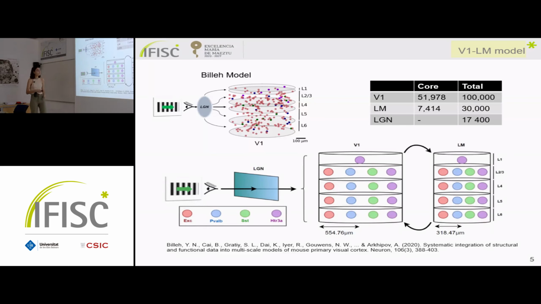The units that compose the lateral geniculate nucleus in our model are not neuron models. They are spatiotemporally separable filters. And the units that compose the 2 cortical columns of V1 and LM are GLIF3 neurons, which stands for generalized leaky integrate-and-fire neurons with after-spike currents.